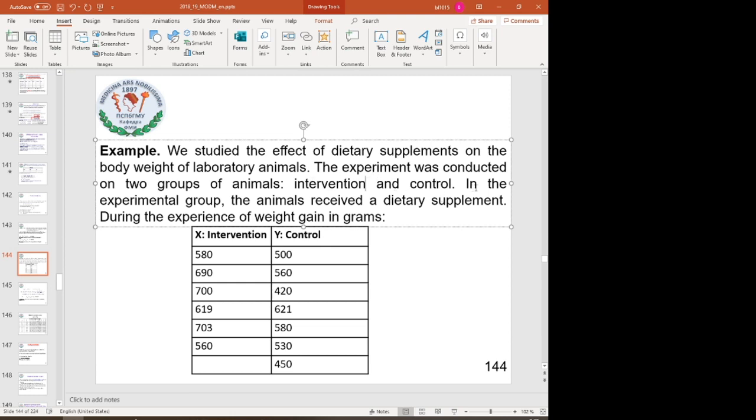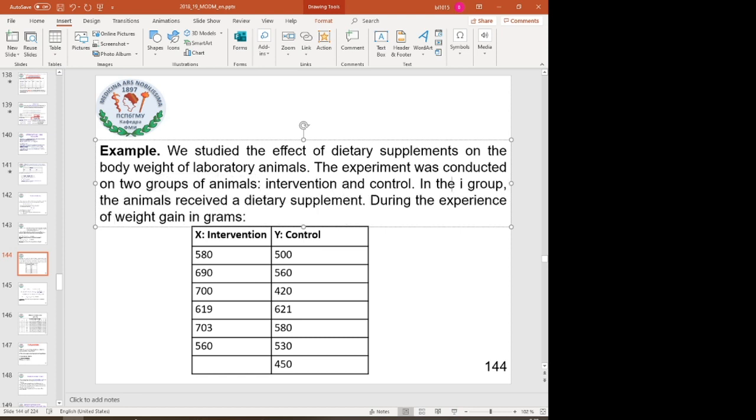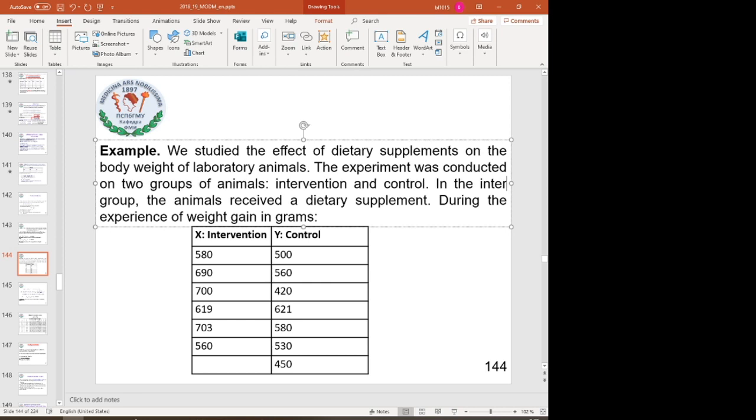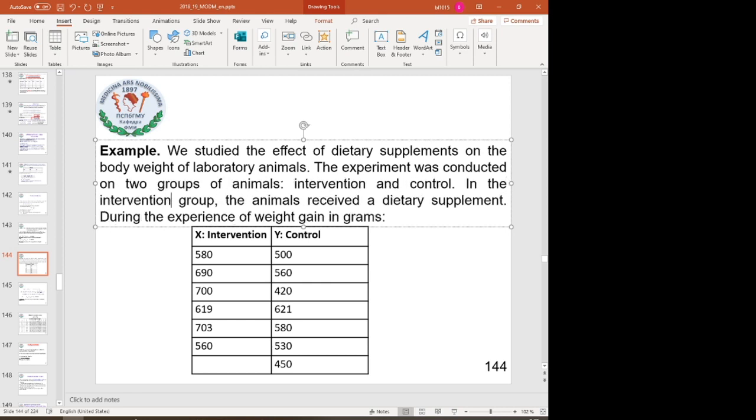In the intervention group, the animals got dietary supplements in their food during the experiment. We got the following weights in grams.